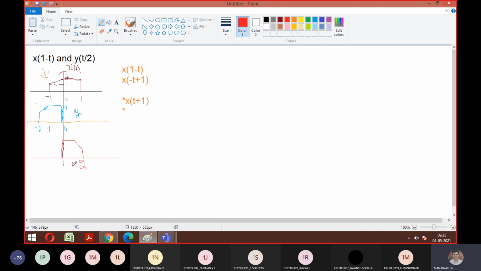Here the amplitude is 2 and here the amplitude is 1. This curve will be constant till 1, again dip takes place. So this is your x of minus t plus 1. Is it same as your 1 minus t? Everyone agree? Yes, sir. Good.